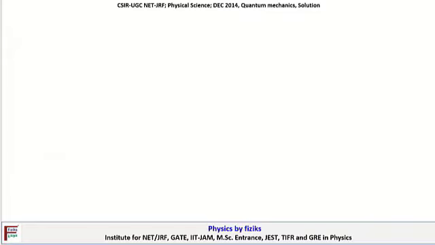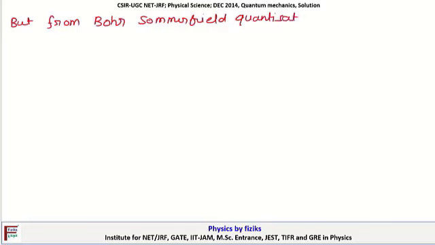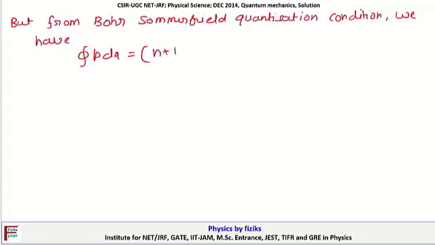Next, from the Bohr-Sommerfeld quantization condition, we have the integral of P dx is equal to (n plus 1 by 2) pi ħ.